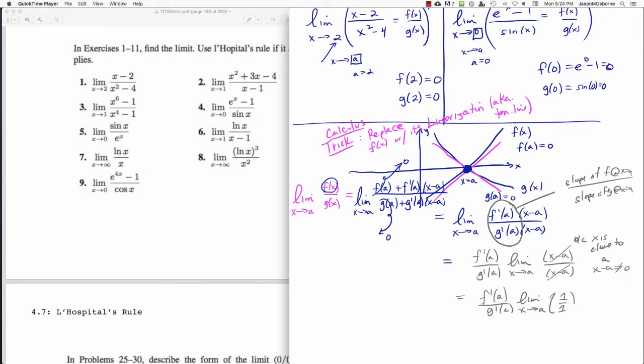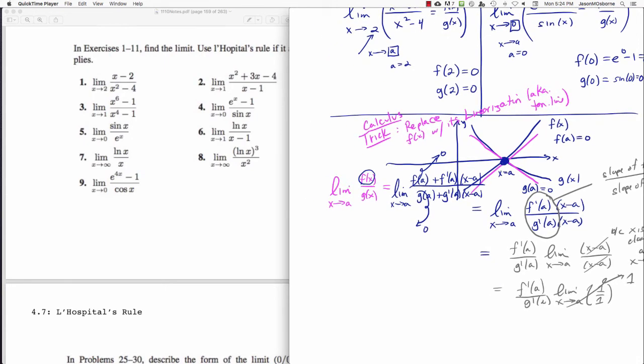That's 1 divided by 1, and that limit is equal to 1. So what we have shown here is that the limit of f of x divided by g of x is equal to the derivative of f at a divided by the derivative of g at a. That is, in a nutshell, L'Hopital's rule, when your functions f and g are both 0 at the place where you're computing the limit.